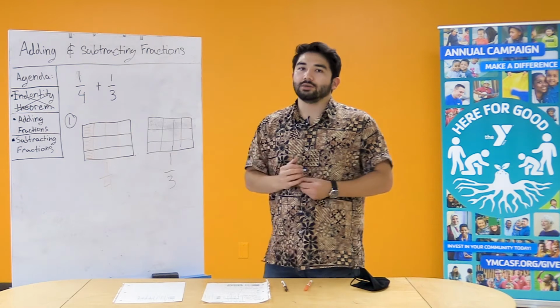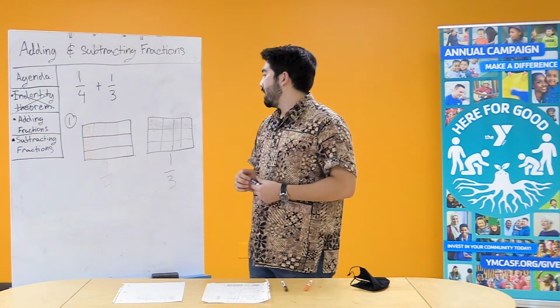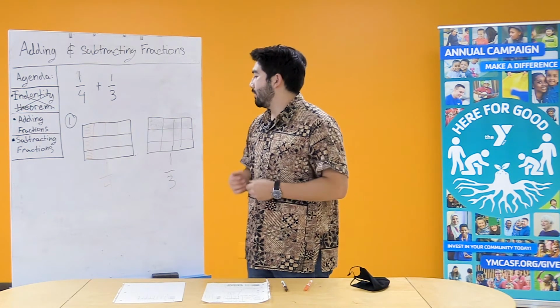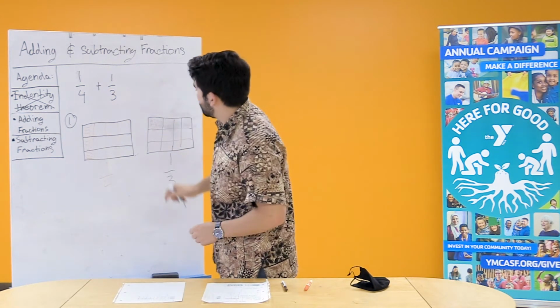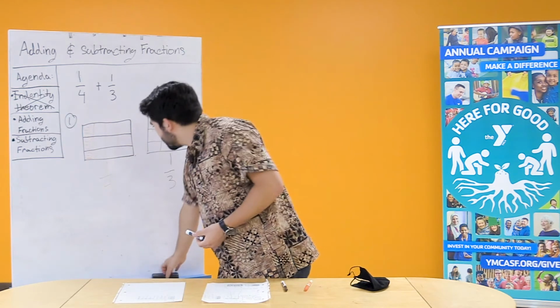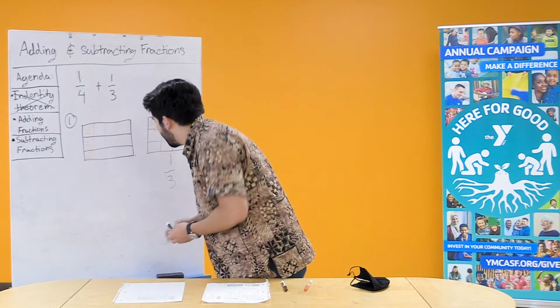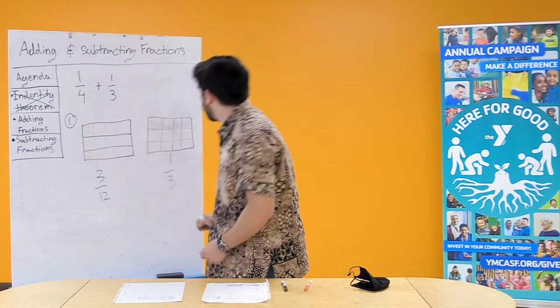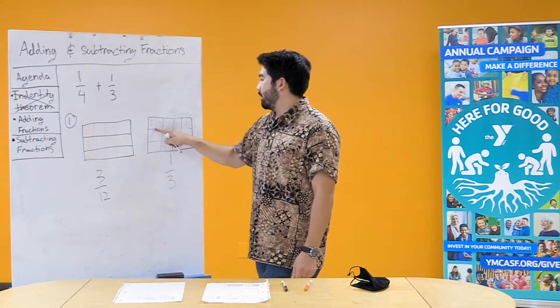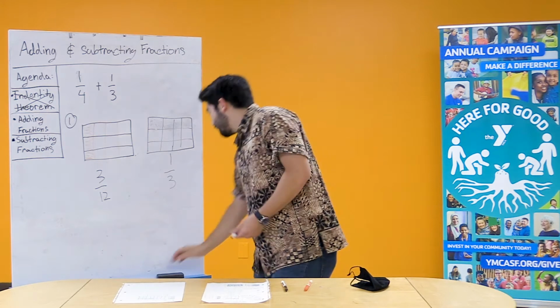And what we're going to do is we're going to count the shaded boxes of the 12. So if we look here, we have 1, 2, 3. So we have 3 of 12. So I'm actually going to erase this 1/4 and write we have 3 out of 12 boxes. And then we're going to look at this one. So we have 1, 2, 3, 4 out of 12 boxes shaded.